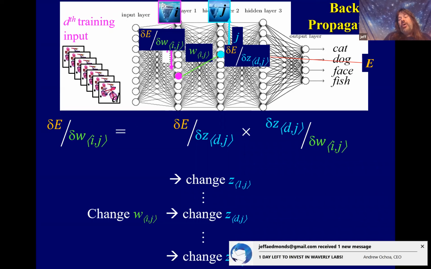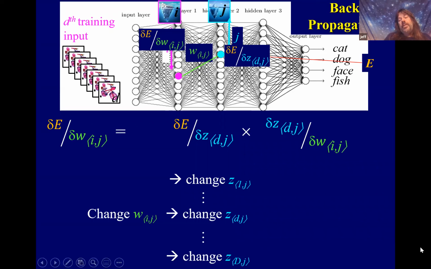And each of those in turn influences the error, and it's cumulative, right? You have a change here and a change there. And remember, this symbol here means add this up for all values of D, all right? That's our equation that we need to compute.